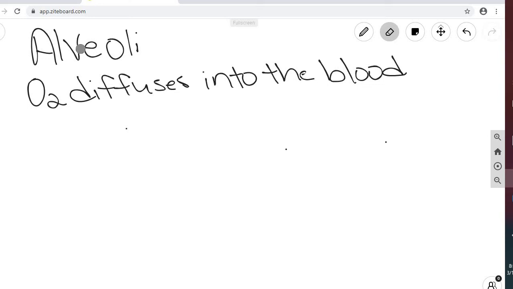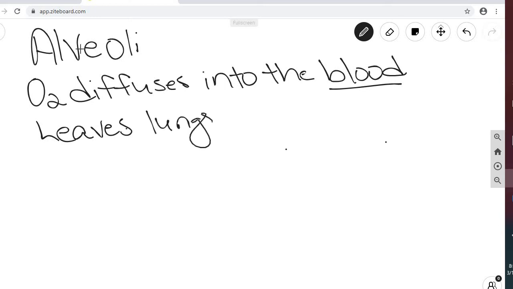Once this blood is oxygenated, as we learned with cardiovascular, it leaves the lungs, it goes to the heart, and then the heart pumps it to the body tissues.